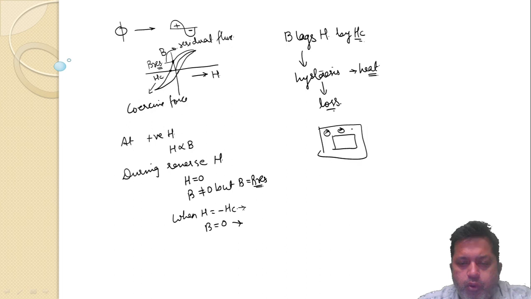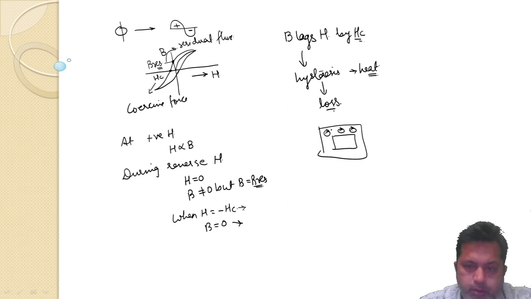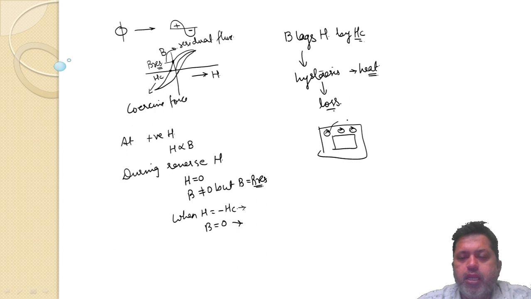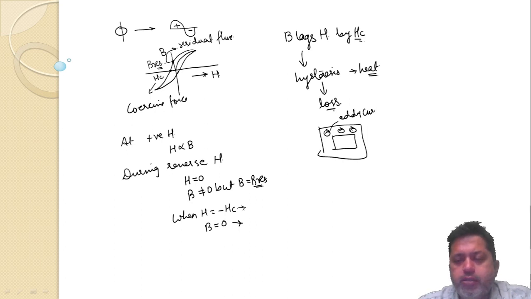This closed path causes some current to flow through it because the flux is alternating. This current is circulating. These currents are known as eddy current, and this produces heat in a transformer. These are also counted as losses.